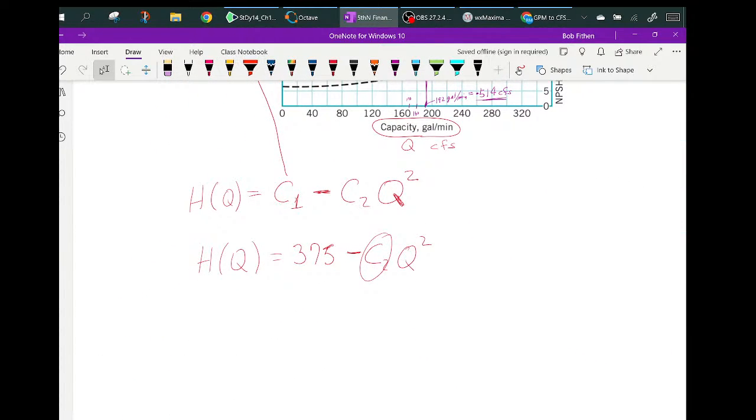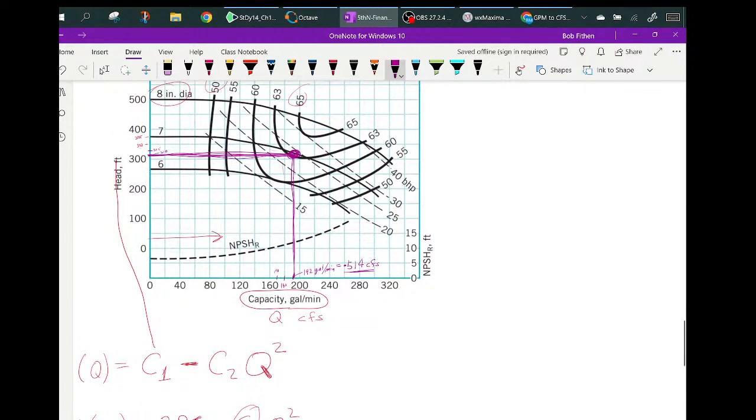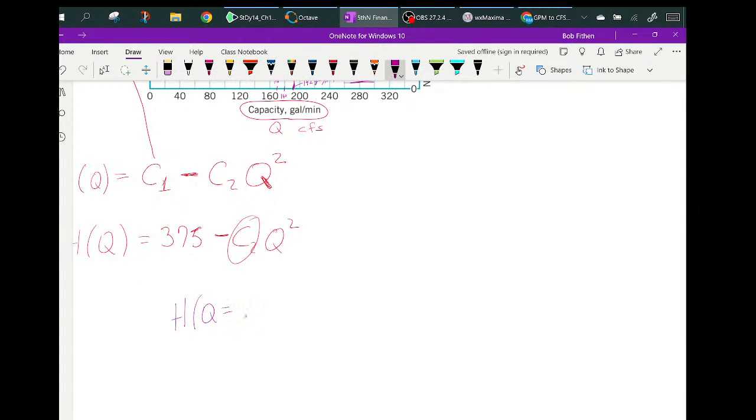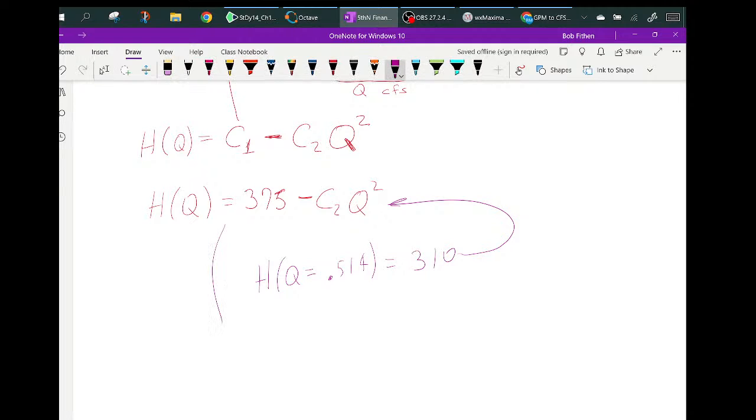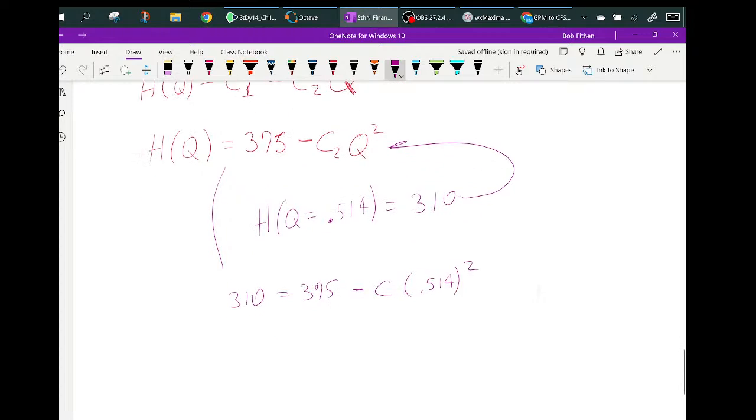So this means the head at Q equal to 0.514 is about 310. How do I put that in this equation in order to find C2? Well, I say 310 equals 375 minus C times 0.514 squared.